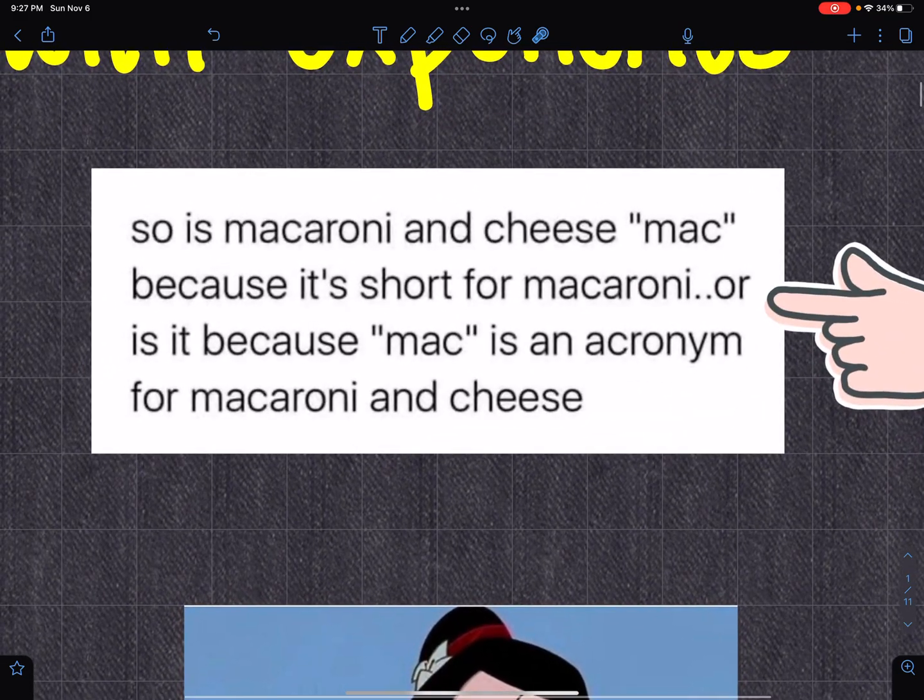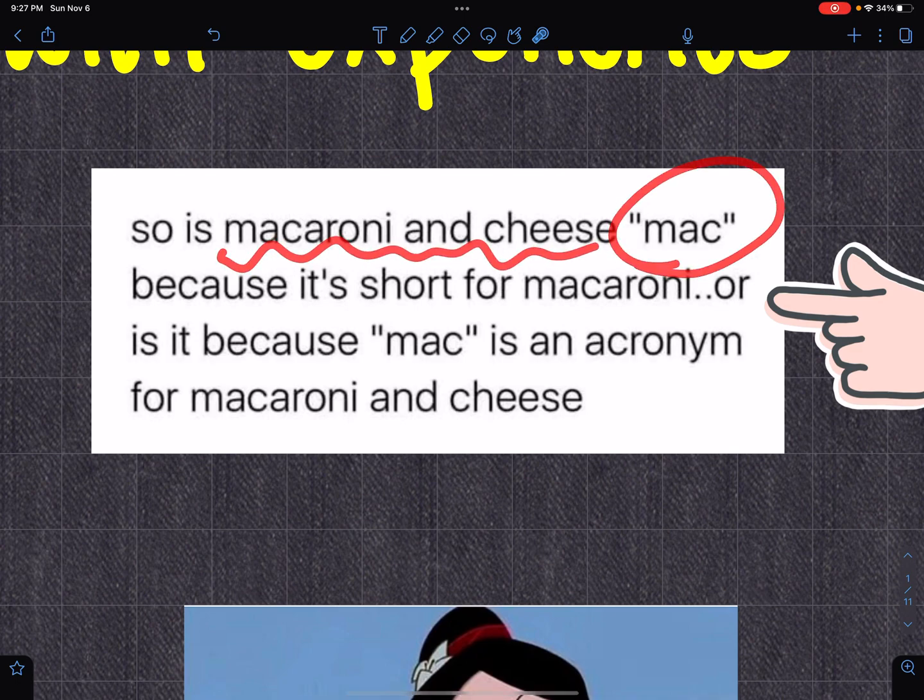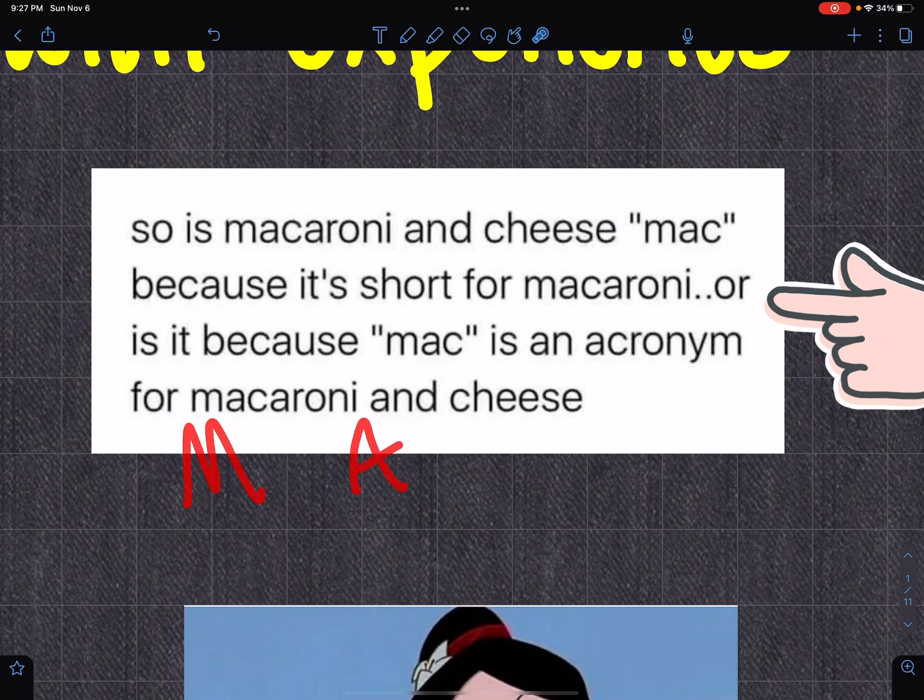First of all, so is macaroni and cheese, this isn't a joke. This is just kind of food for thought. Get it? Food for thought. Okay, is macaroni and cheese mac because it's short for macaroni, or is it because MAC is an acronym for macaroni and cheese? So an acronym is a word that you make from the first letter of each word.